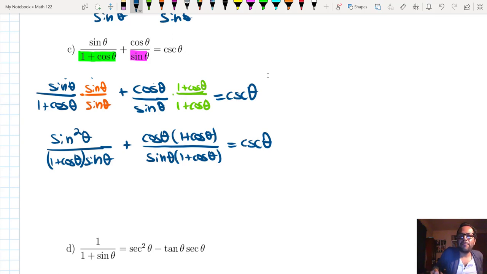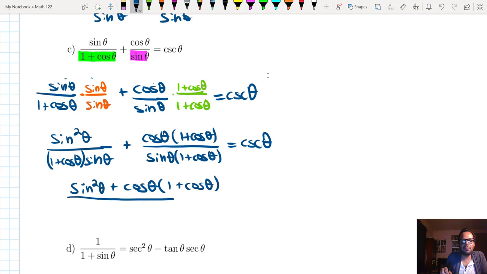Okay, now notice the following. We have the same denominators, right? We may now combine these two fractions together. So do the operations implied: sine squared plus this product right here, sine squared theta plus cosine theta times 1 plus cosine theta.